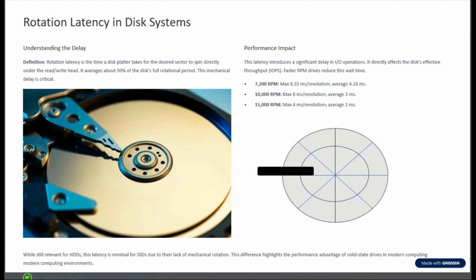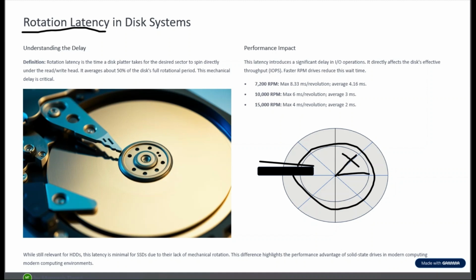Now our next parameter is rotational latency. Let us understand what rotational latency is. After some seek time, let's say our head has moved to the correct track where we have stored our data. Let's say I have stored my data in this particular sector.